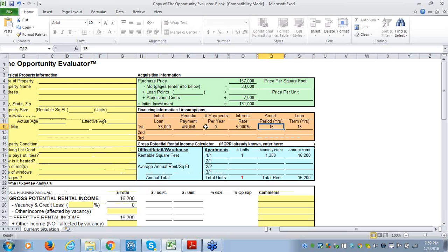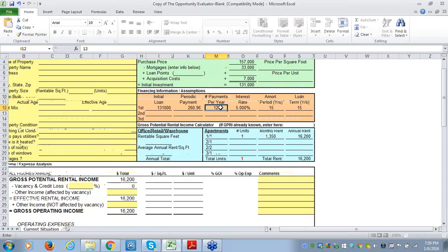Okay. So now you've got 12 payments per year. Sorry, I did that wrong. Your out of pocket is $33,000. Your loan's going to be $164 minus $33. It's going to be $131. So $131. Okay, now that changes things.